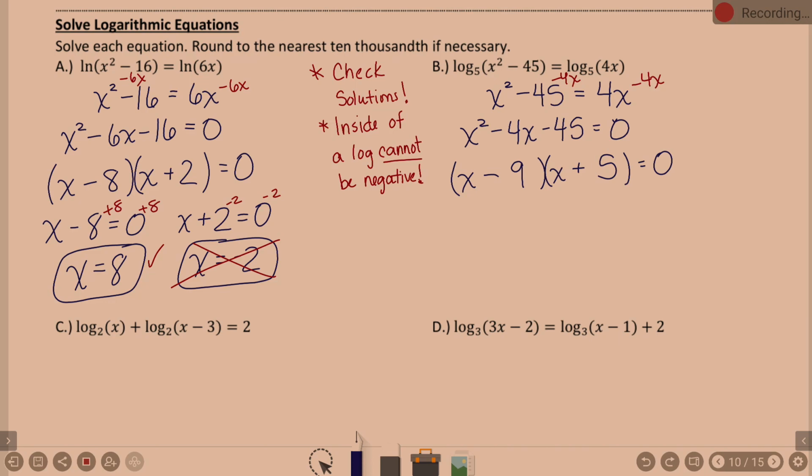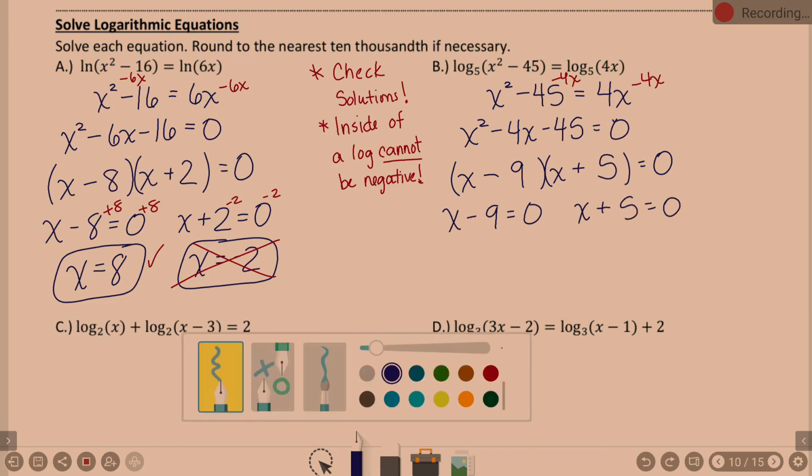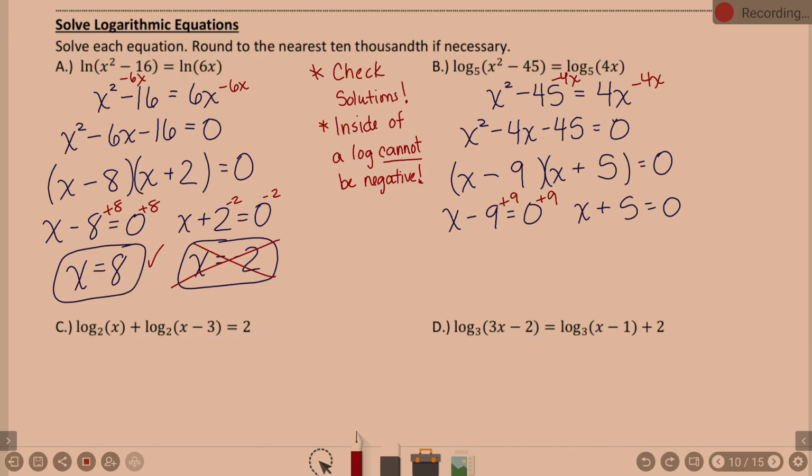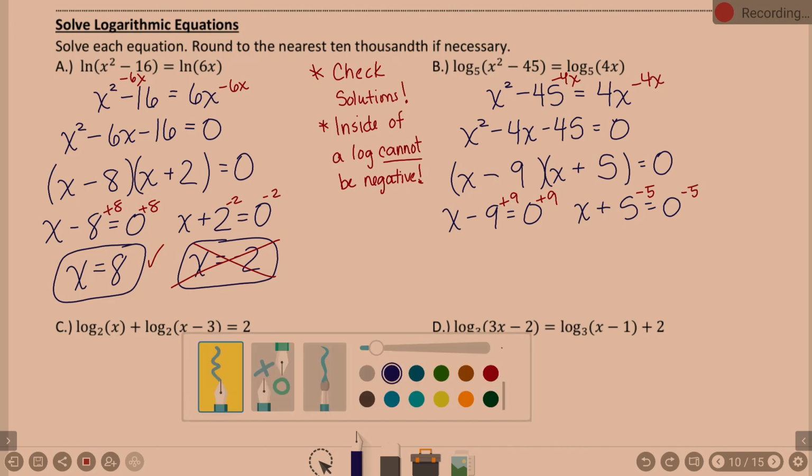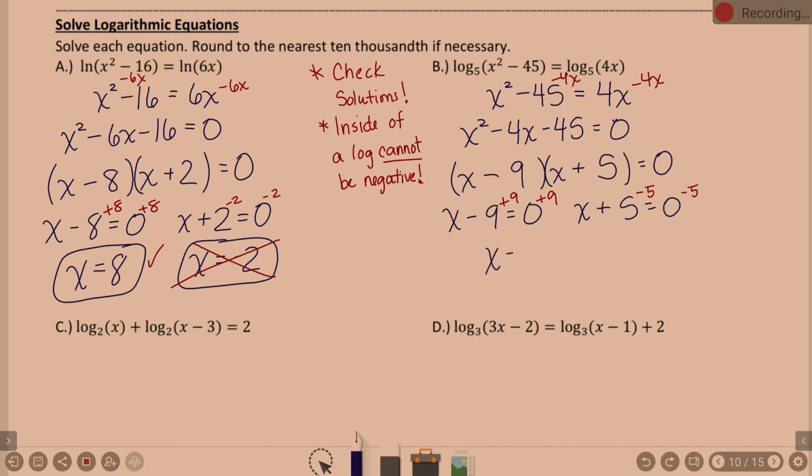Set each factor equal to 0. So x minus 9 equals 0, x plus 5 equals 0. We get solutions of x equals 9, x equals negative 5.